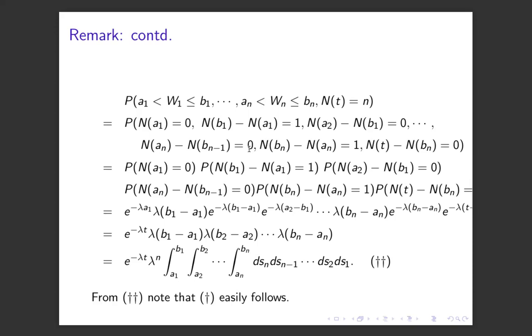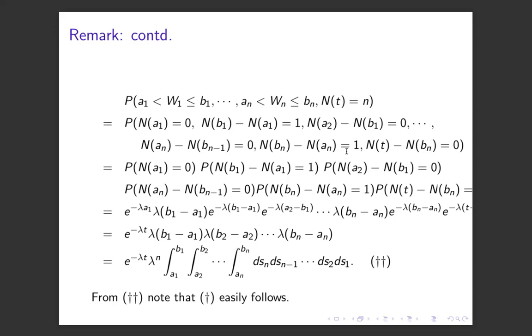And N(An) minus N(B_{n-1}) is also 0, and Wn is in (An, Bn]. But we are also given that Nt is equal to n and Bn is less than or equal to T. So therefore here there can be exactly one event, N(B1) minus N(A1) equal to 1.